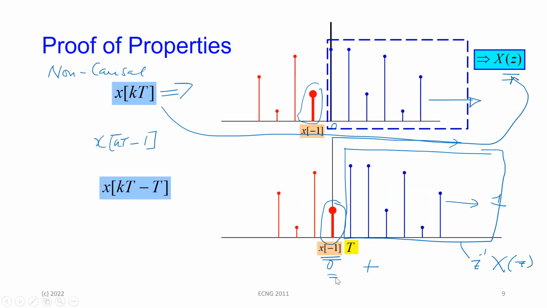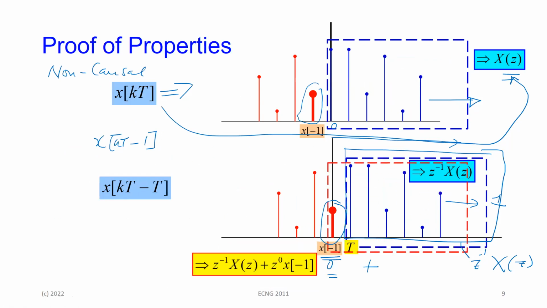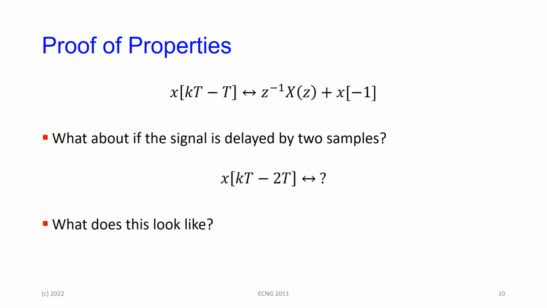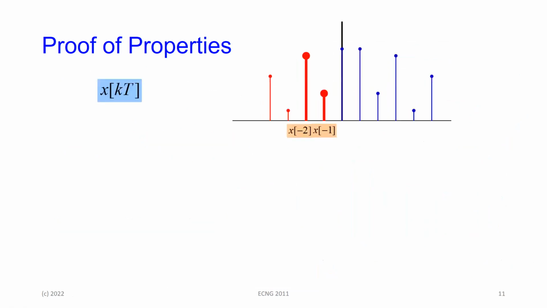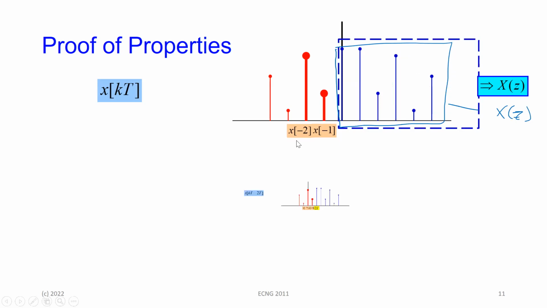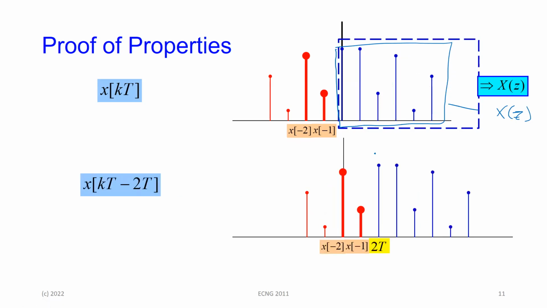So if I were to delay by 2 samples now, this group has a Z transform X(z). If I shift everybody by 2, notice the same group here.